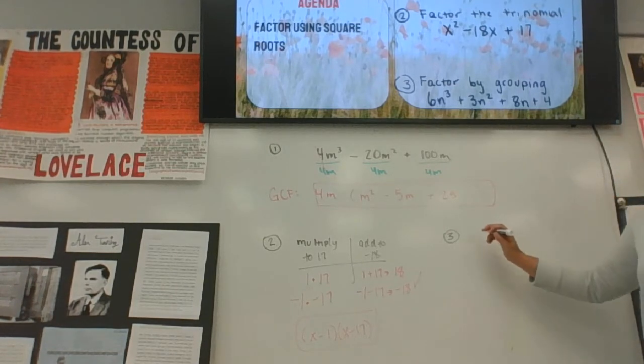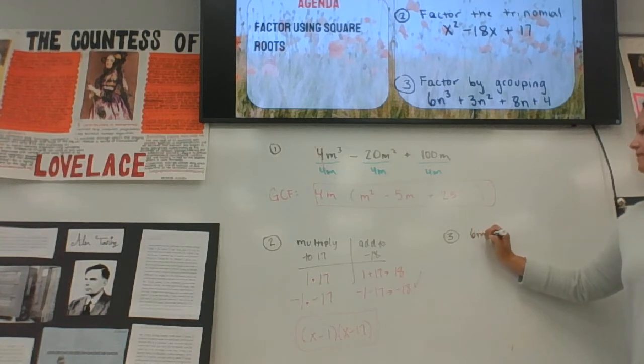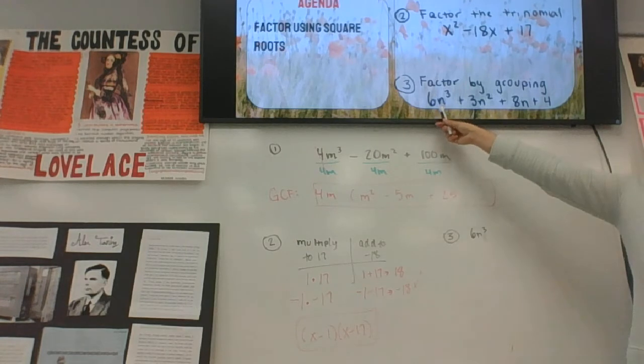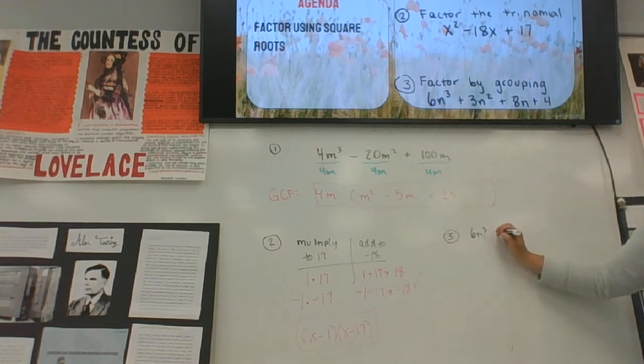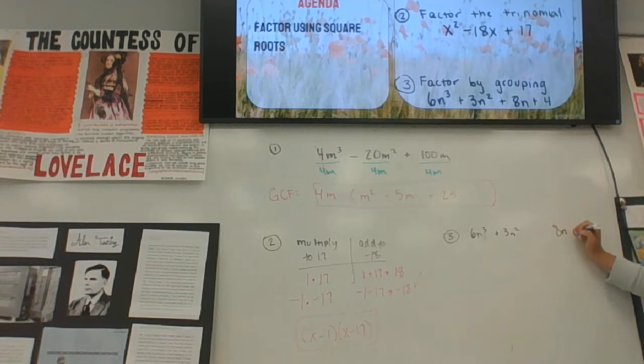Number 3, factor by grouping. So that means when we have 1, 2, 3, 4 terms, we'll just take it 2 at a time and factor a greatest common factor out of each 2. Who's finished this problem? Thumbs up if you have finished. I have finished it in my imagination.